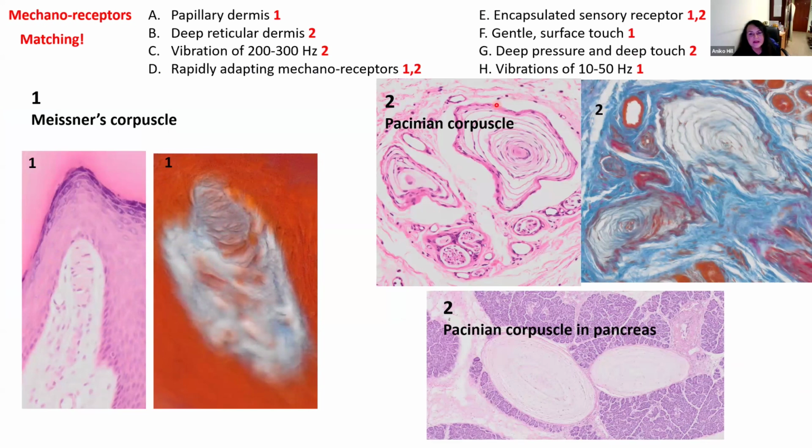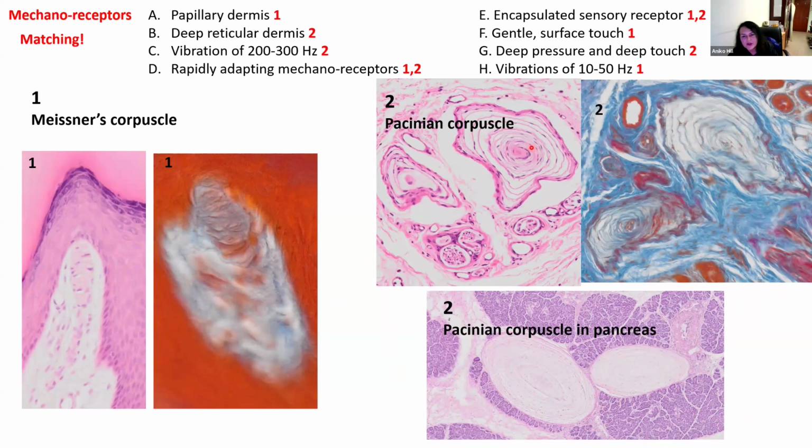And we have three kinds of Pacinian corpuscle slides, a pink one, a bluish one also from the orange slide, and we have Pacinian corpuscle in the pancreas that you can also observe very nicely here. So you can see the parallel organization of the capsule on both. And here you can even see the sensory nerve.